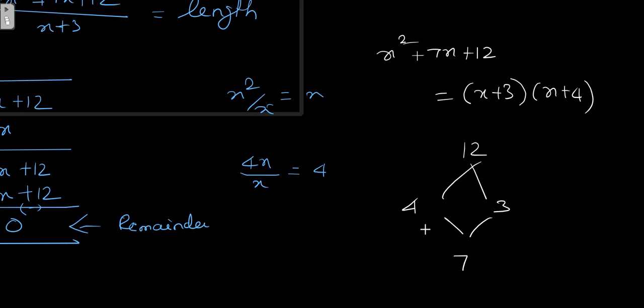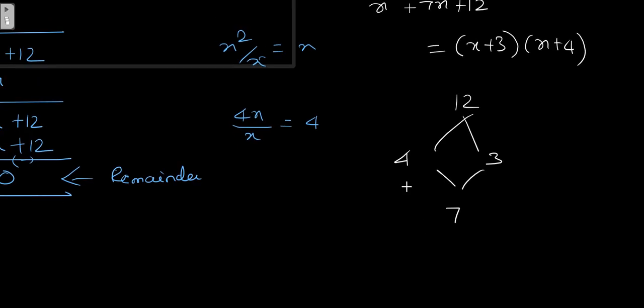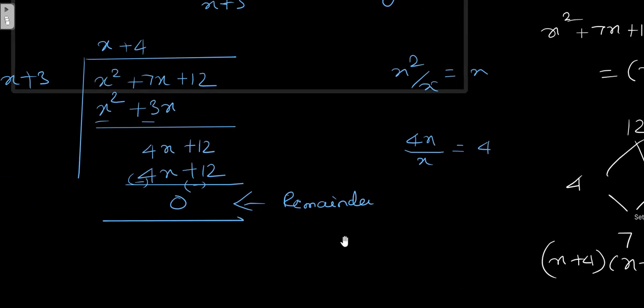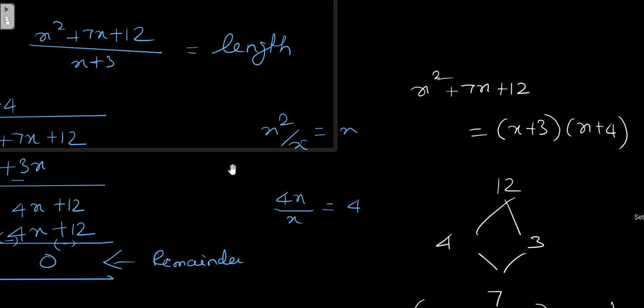When multiplying we will get 12, addition you will get 7. So 4 3s are 12. When 4 plus 3 addition will give us 7, and 4 3s multiplied will give us 12. So we can factorize like that, x plus 4 into x plus 3. So when multiplying those factors, we get x squared plus 7x plus 12.